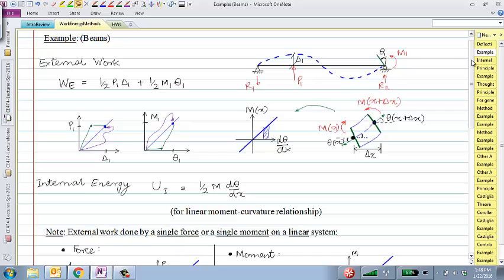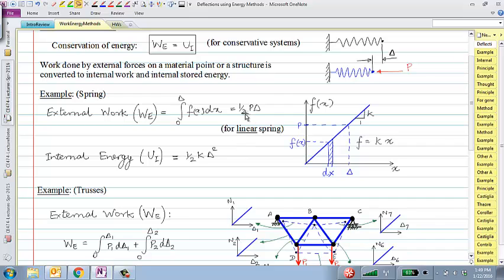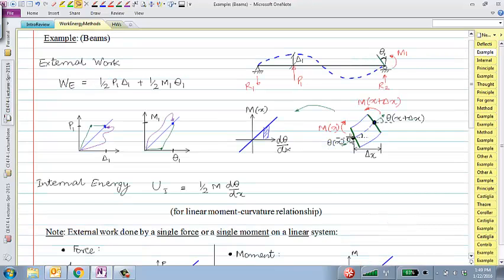Just like for the spring, it was half times P, the internal force in the spring, times delta. And if you substitute the stiffness there, then it becomes k delta squared. We'll do that here as well. Exactly the same way, the internal energy stored within a section of a beam is half times M times d theta over dx. But that is only within that section. If I want to calculate the total energy stored in the entire beam, what do I do?